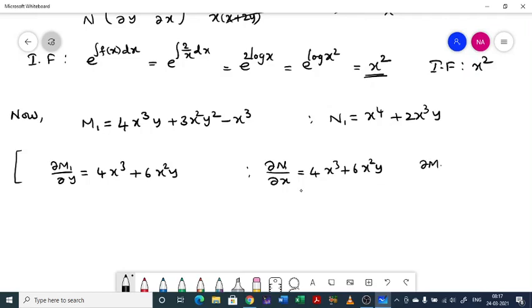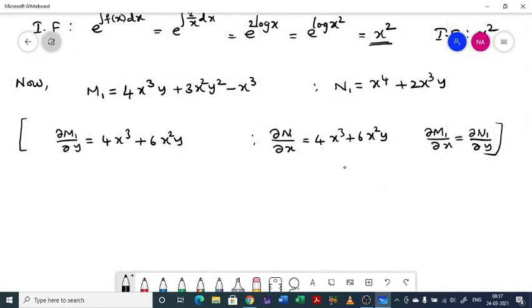Therefore we got ∂M1/∂y equal to ∂N1/∂x. That's what I am conveying: after multiplying the integrating factor, the corresponding equation will be exact. This is not necessary to write in exam or internals, but just for your sake I have written it here.